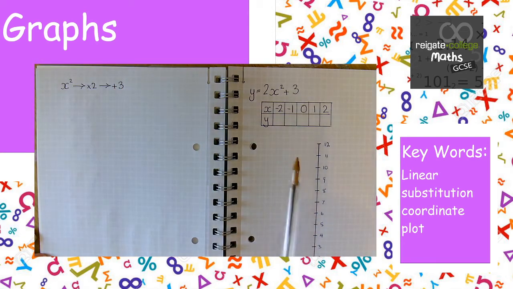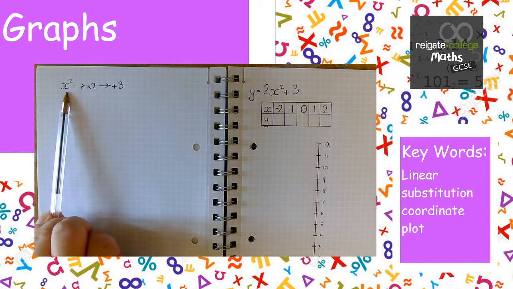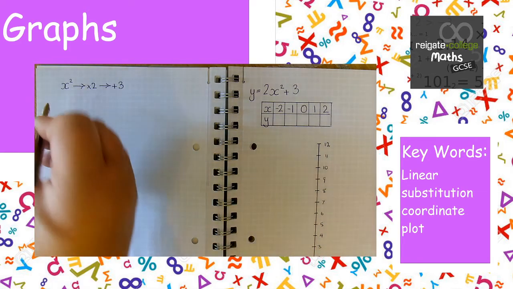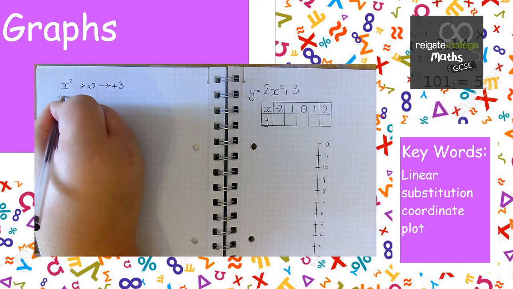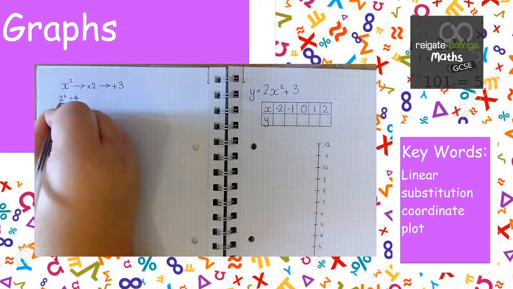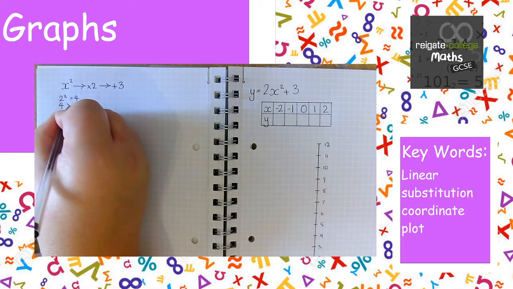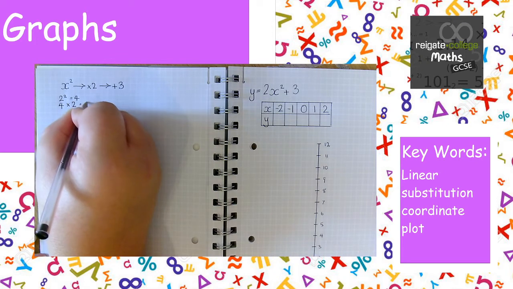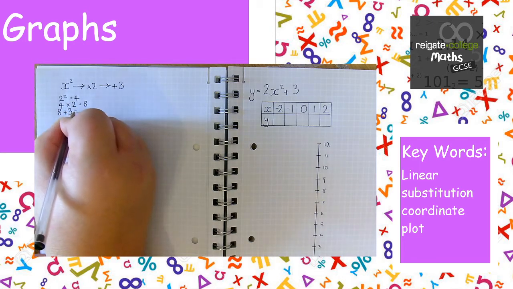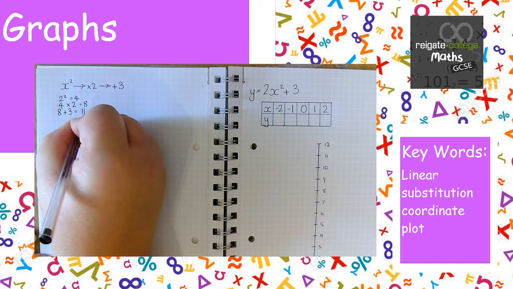Just as with my linear graph, I'm going to take each value in turn and substitute it, starting with my positive value of 2. 2 squared is 4. I then take the answer to that and multiply it by 2. My second function is 8. I then take my answer 8 and add 3, which gives me a y value of 11.